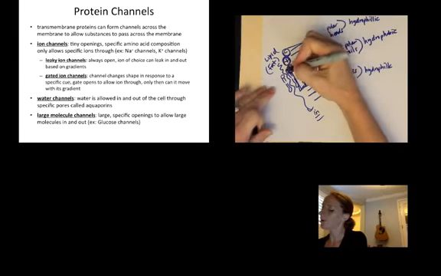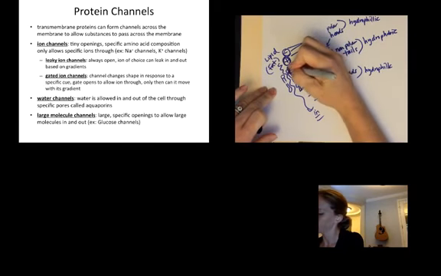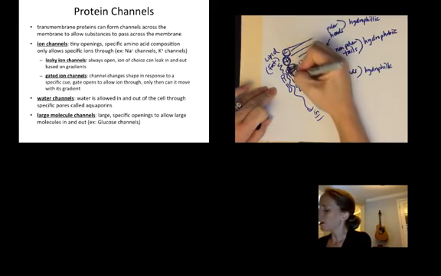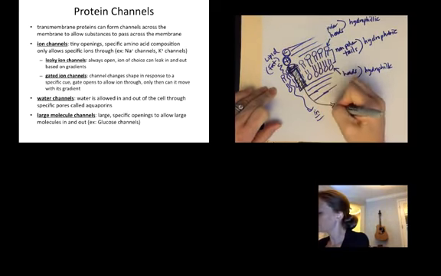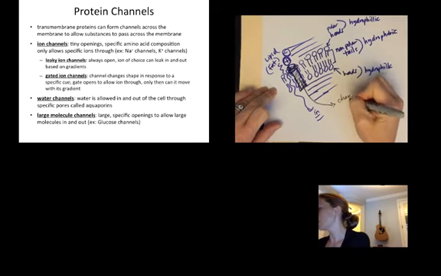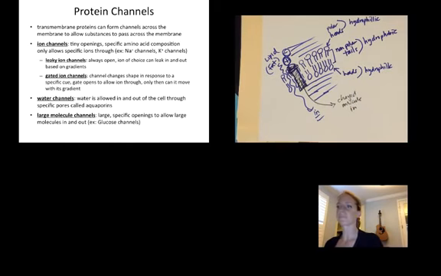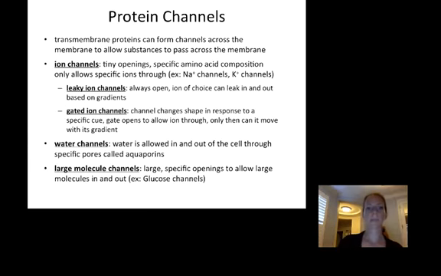So if we make a protein channel and we span it across the membrane, then it becomes a passageway for the charged molecule to get in. It's like a doorway. Okay.